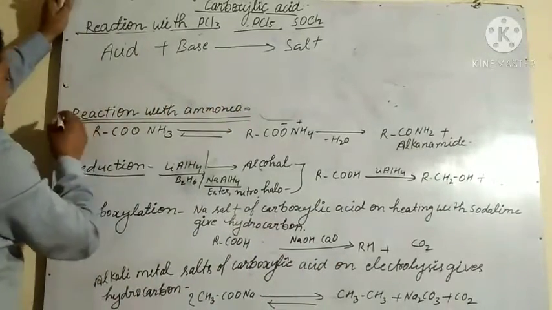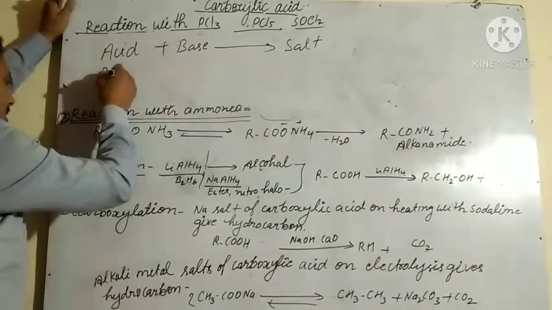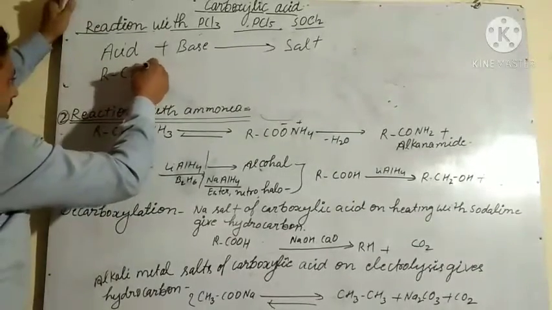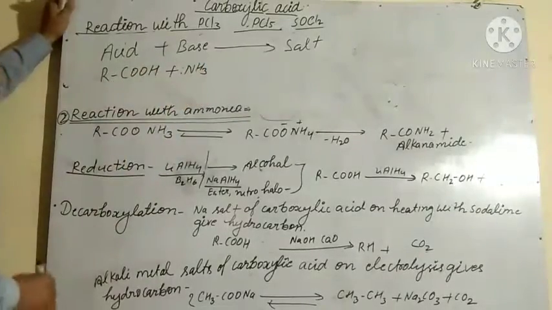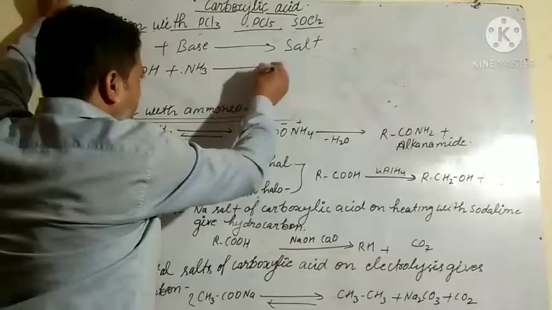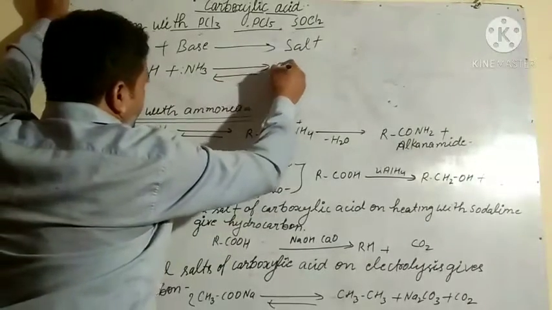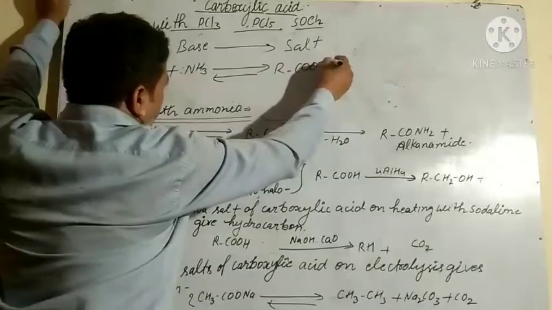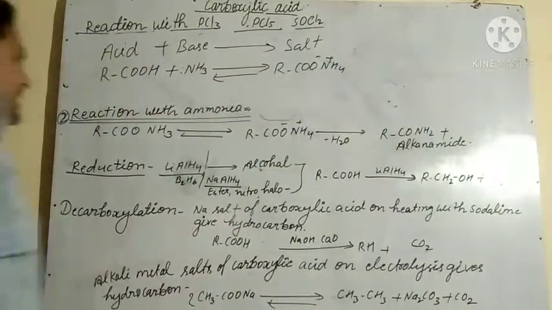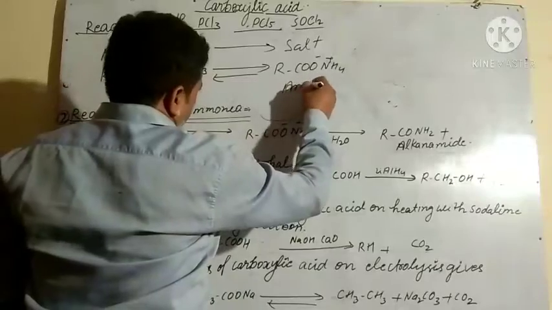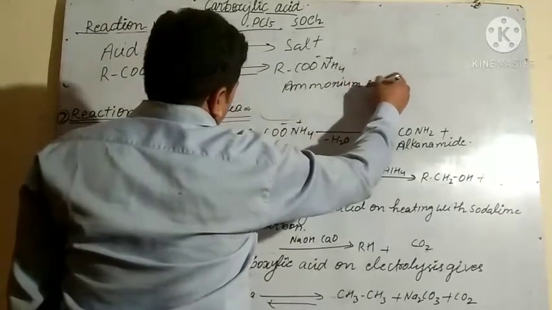Our second part is the reaction with ammonia. If we take the acid and react it with ammonia, it forms a salt, RCOONH4, an ammonium salt.